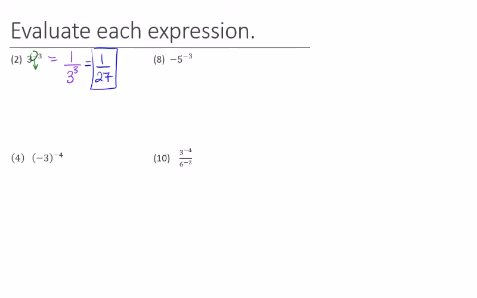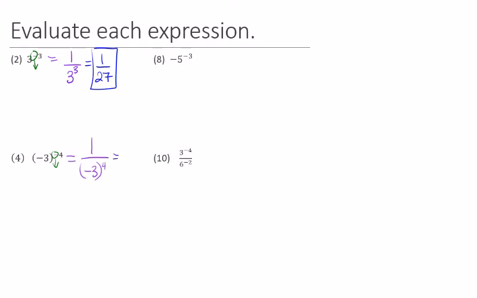All right, number 4. So I have negative 3 to the negative fourth. I'm going to start the same way, negative exponent. I'm going to drop it. So it becomes 1 over negative 3 to the positive fourth. Notice I'm keeping the parentheses, right? This exponent affects everything it's directly touching, so it affects the whole value inside the parentheses.